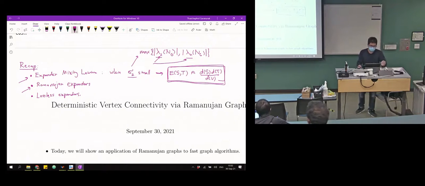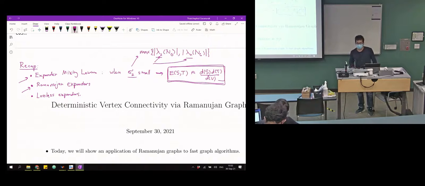We were also talking about Ramanujan expanders.